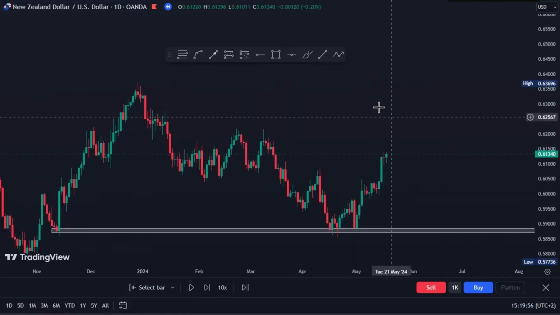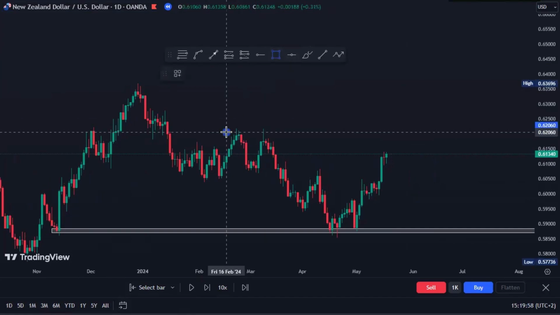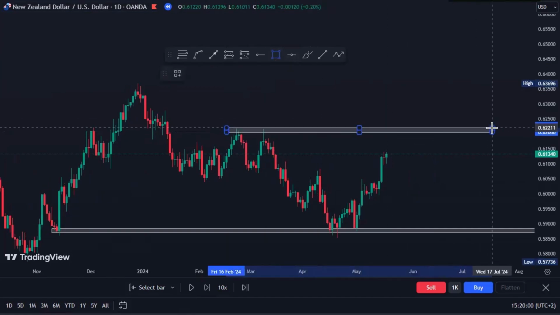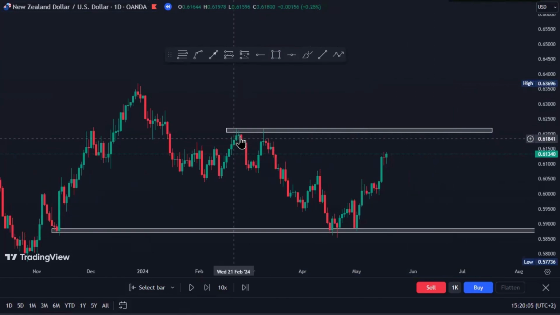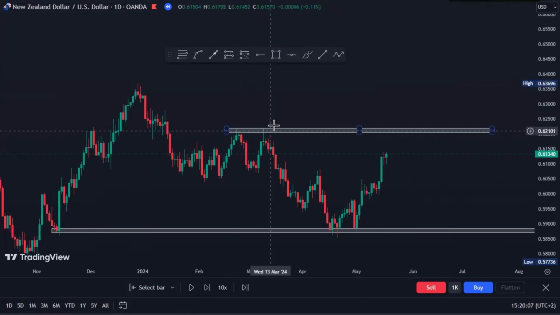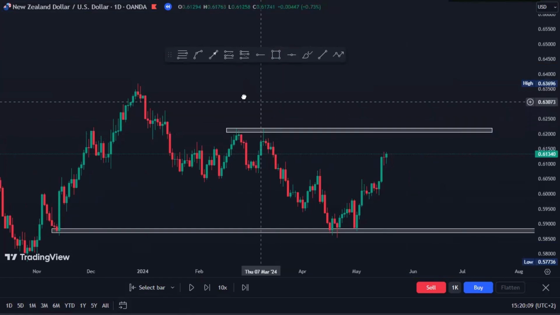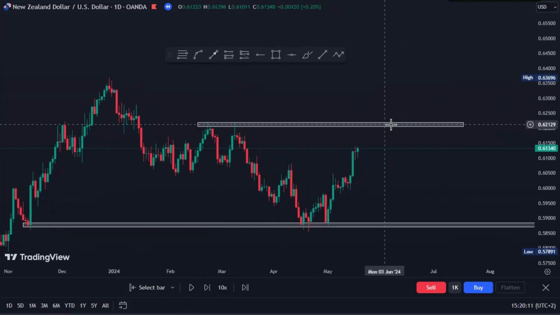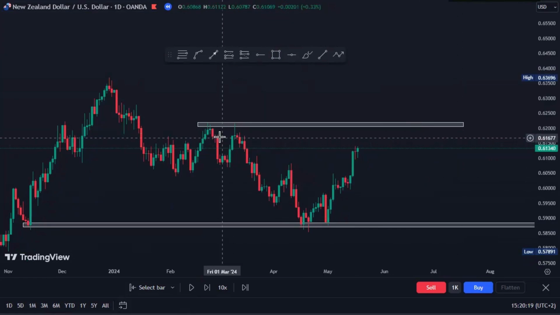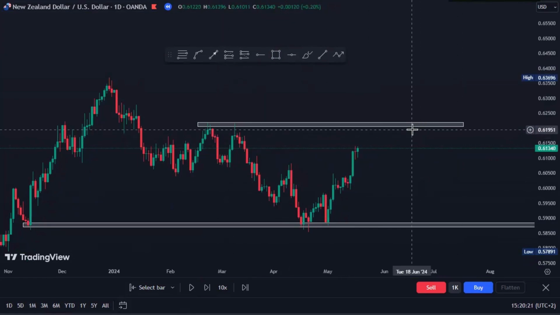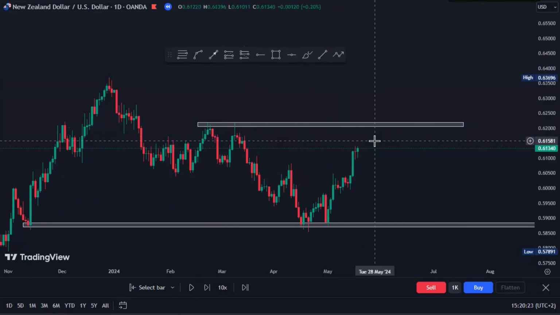So we have this area here, like this. Then if the market touched more than once, meaning it touched two times, I conclude and say this is my strong zone, or my strong resistance. Remember, it's a resistance.